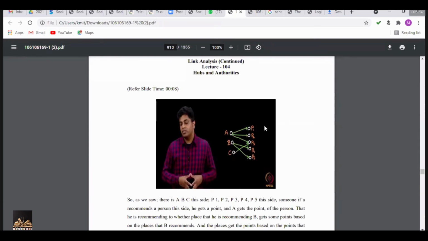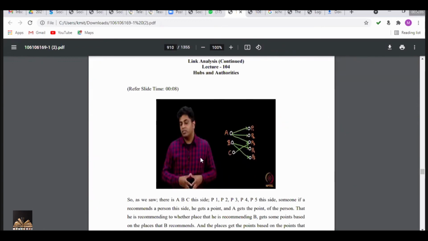That means, let's consider A is a person. He is referring to P1, P2, P3. And in the same way, A will also be referred, right? So here, when you take a graph, the hubs and authorities, hubs is nothing but someone is referring to you, right?